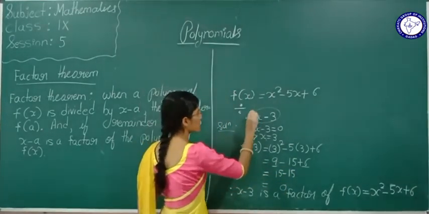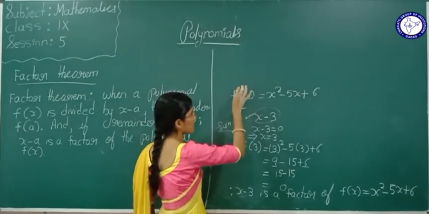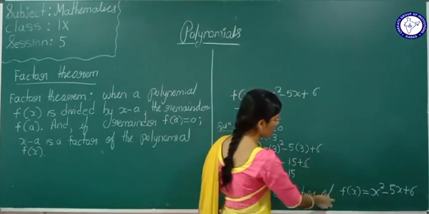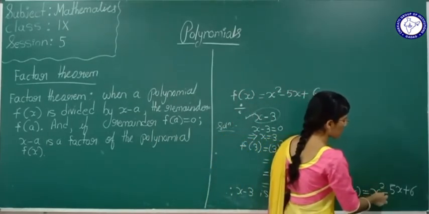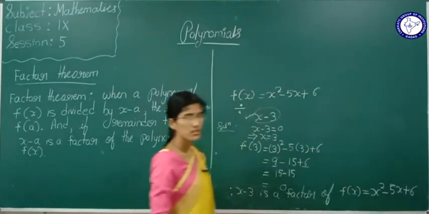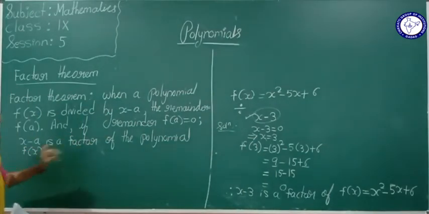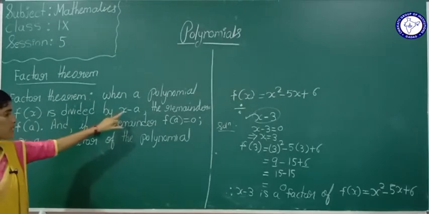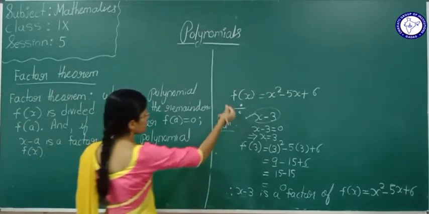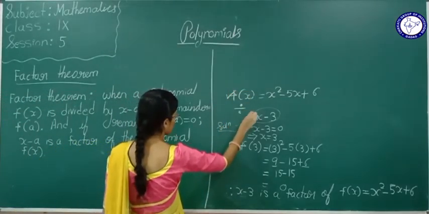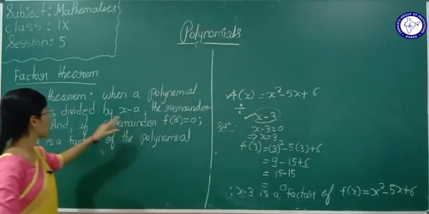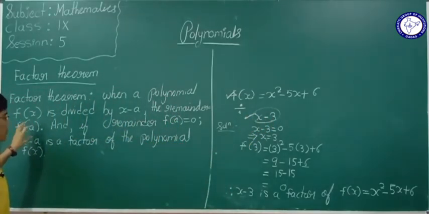Here x minus 3 is a factor of f of x is equal to x square minus 5x plus 6. So now you can understand this. Factor theorem: when a polynomial f of x is divided by x minus a, a linear polynomial, the remainder is equal to f of a.